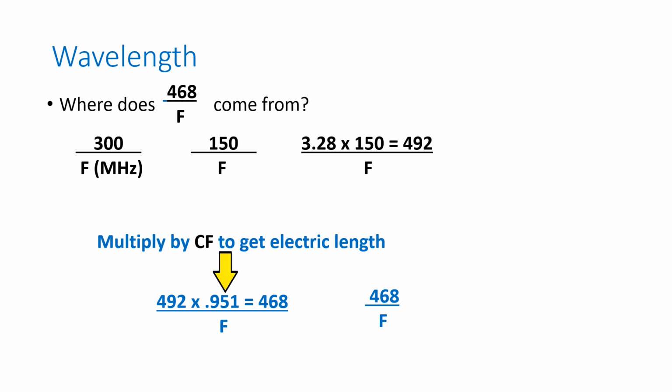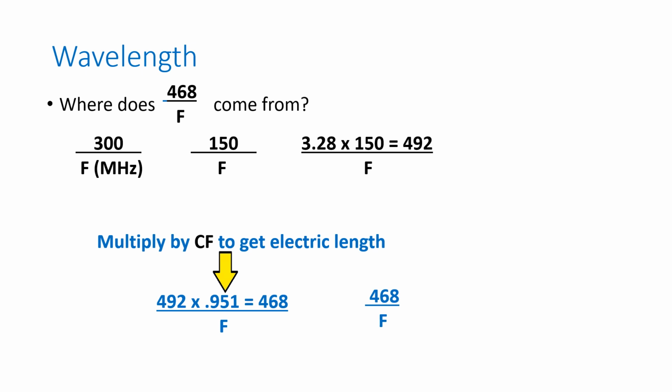Maybe you've used 468 divided by f, and it's worked perfectly. Other times, you find yourself trimming wire or adding wire. That's because what this correction factor does is take into account the slower propagation of RF current in the wire as opposed to the EM wave in free space.